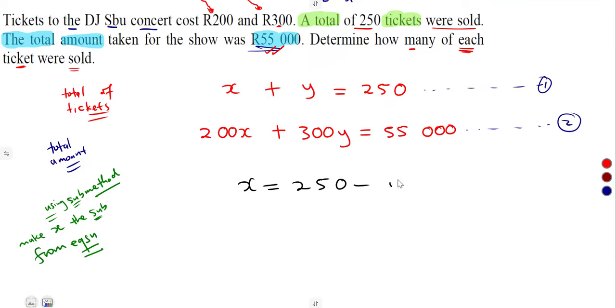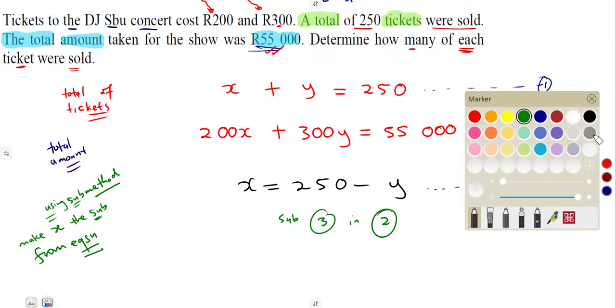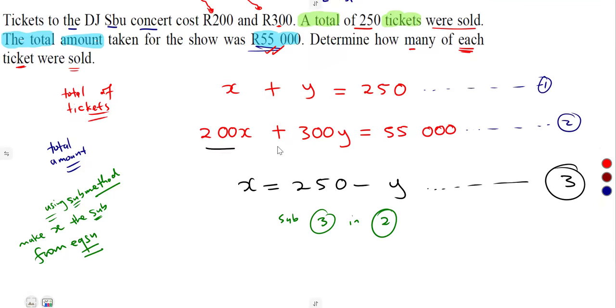So we have formed an equation which is going to be equation 3. Substitute equation 3 in 2. So we're going to substitute 3 in equation 2, in place of X.